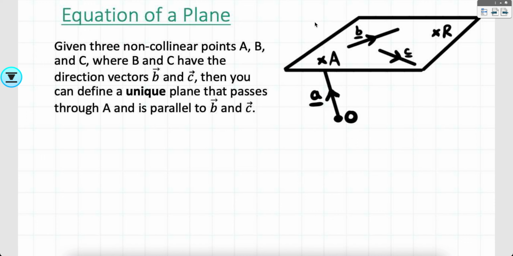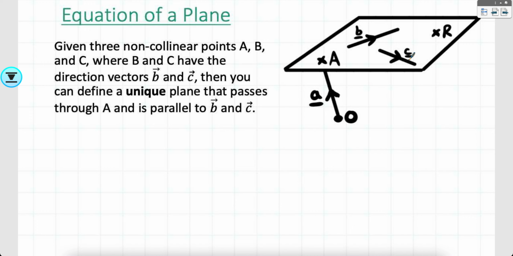So the idea is if you have three non-collinear points, so let's say you have a point B here as well and a point C. So if you have three non-collinear points, so they don't lie on a straight line, and point B could have a direction vector of B and point C could have a direction vector of C, then I can define a unique plane that passes through a point A and is parallel to two direction vectors.